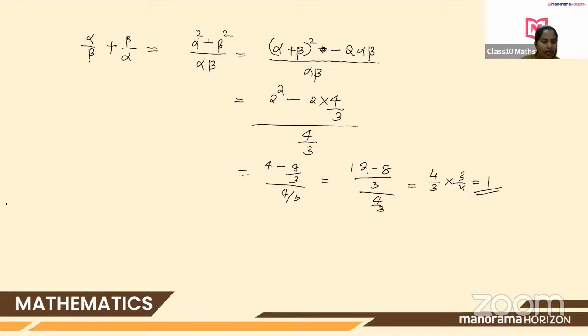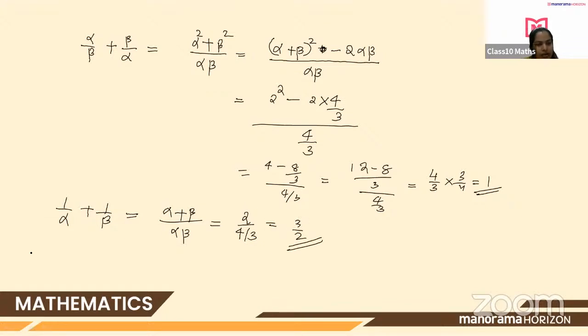Okay, and then 1 by alpha plus 1 by beta is equal to alpha plus beta divided by alpha beta. That is alpha plus beta, we know that it is 2, divided by 4 by 3, which is equal to 3 by 2.